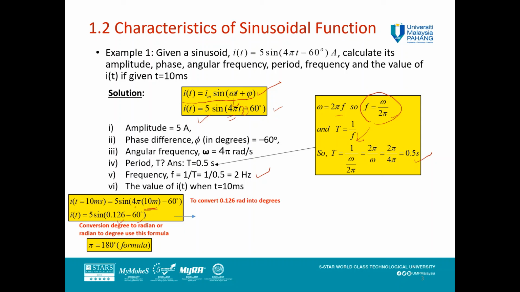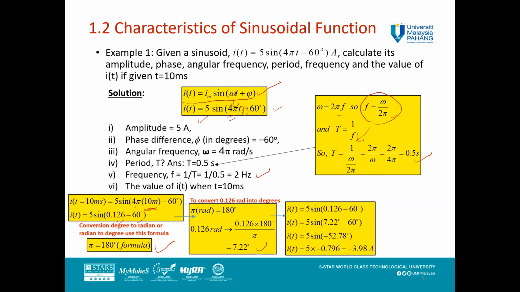I want to use in degrees, so I must convert 0.126 first. I get 0.126 radian multiplied by 180 degrees over pi, which is 7.22 degrees.